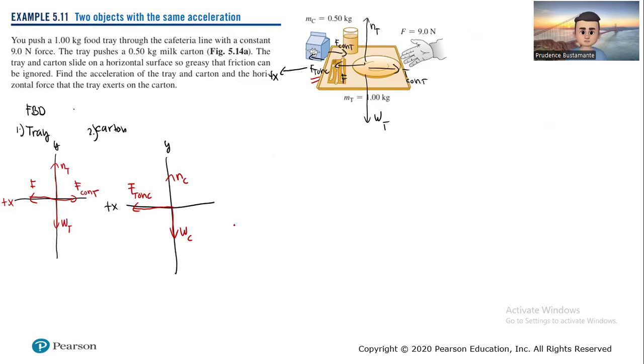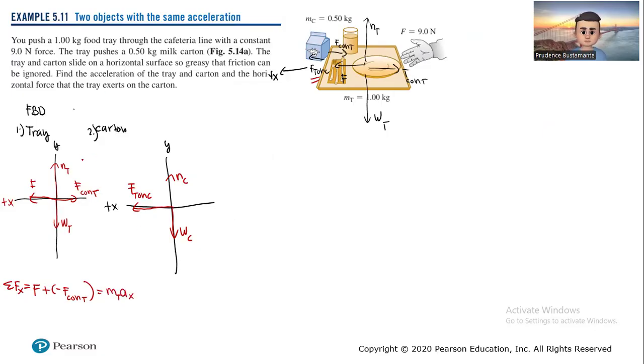From here, the summation of all the forces along X. If you look at this one, this is in the negative axis, this is in the positive. So we have F plus the negative F of the carton on tray, and this is equal to the mass of the tray times the acceleration.